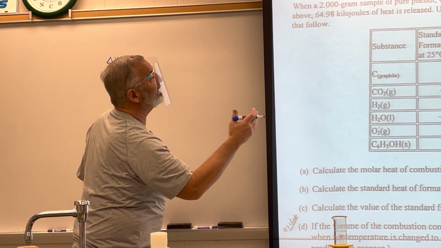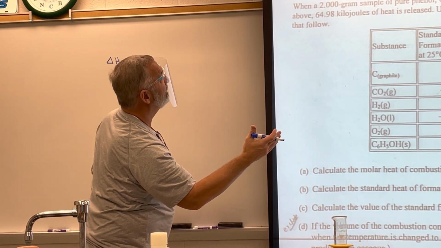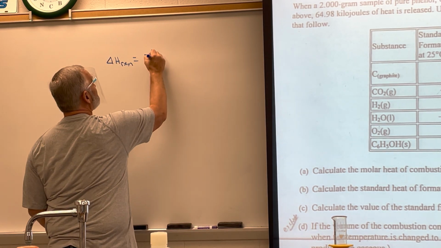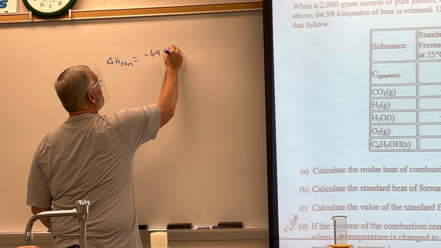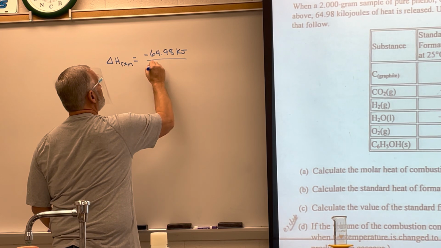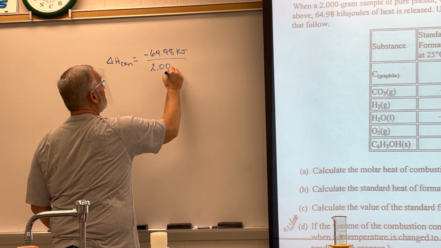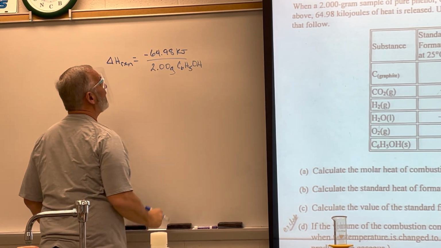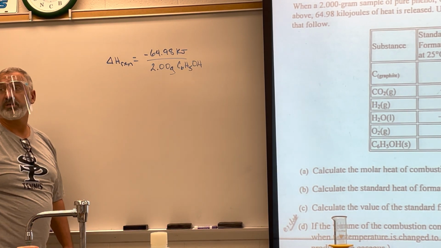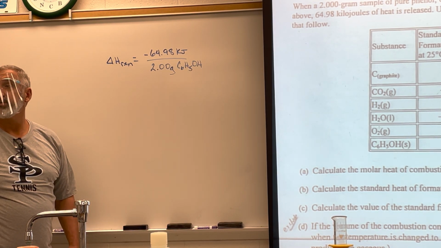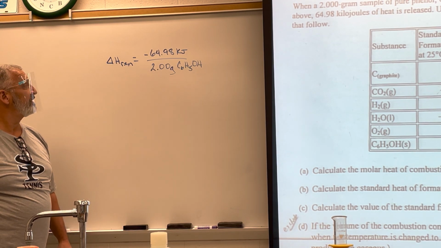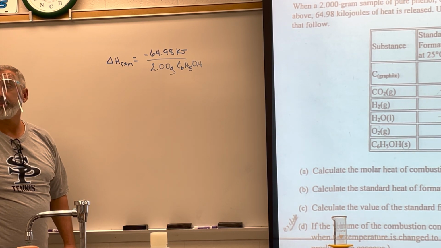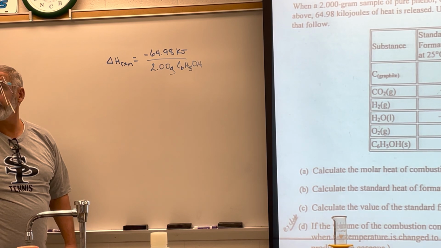Since it's released, technically it's negative 64.98 kilojoules over 2 grams of C6H5OH. And then how do I go to moles? You multiply by 94.12 grams, which is the molar mass, right?